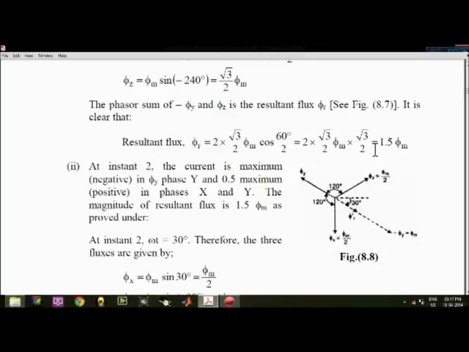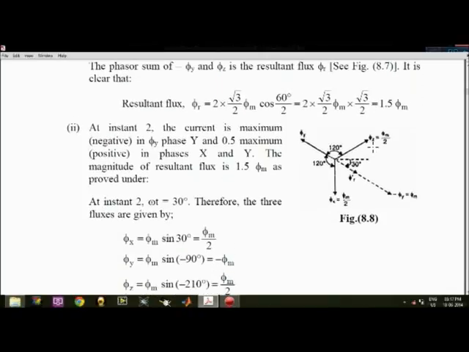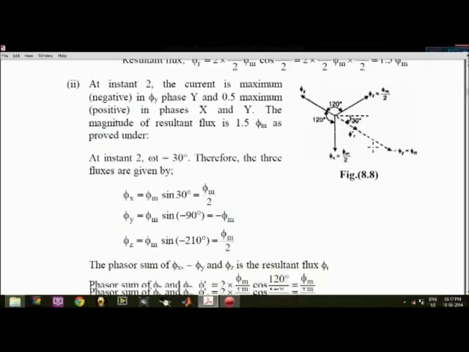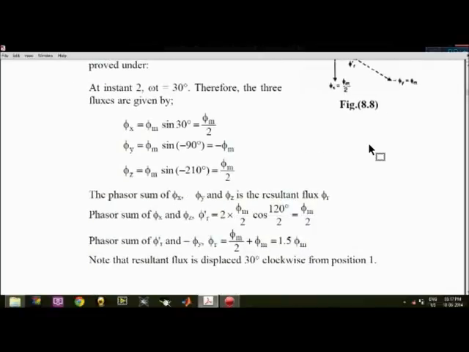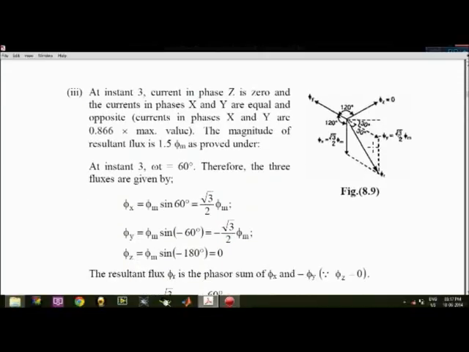Similarly, at instant 2, at 30 degree, phi y is maximum, and if you solve it, you will get the same thing. You will note that the resultant flux is displaced by 30 degree clockwise from position 1. And similarly at instant 3, suppose the current in phase Z is 0 and the currents in phase X and Y are equal.